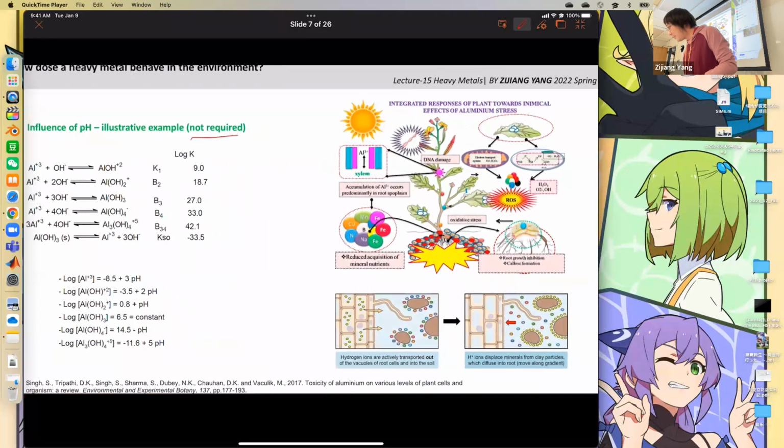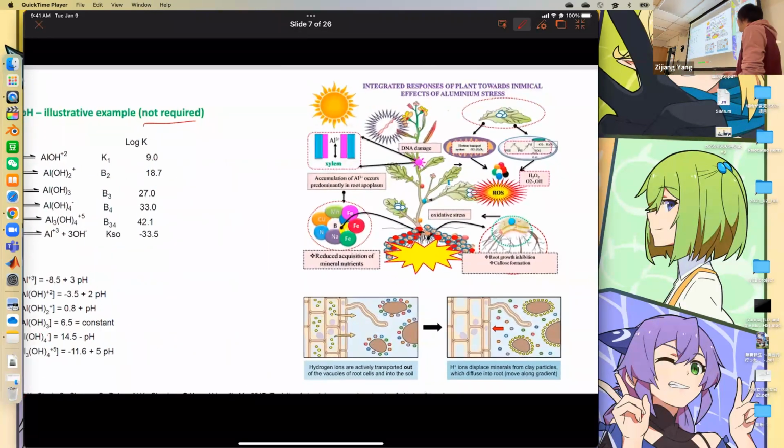On the right side, it shows the mechanism of the plant absorbing aluminum and some mechanisms of aluminum damaging the plant. When a plant is absorbing aluminum or some other metals, it absorbs the ionic form.